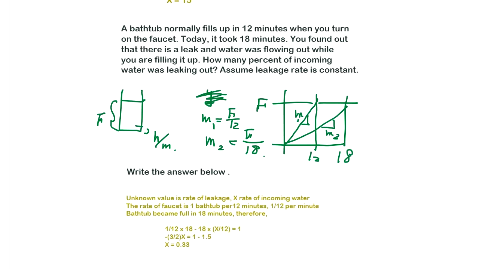This is a new slope, right? So the rate is M1 over M2, which is going to be 12 over 18. The new slope is 18. So that's going to be the leaking rate.